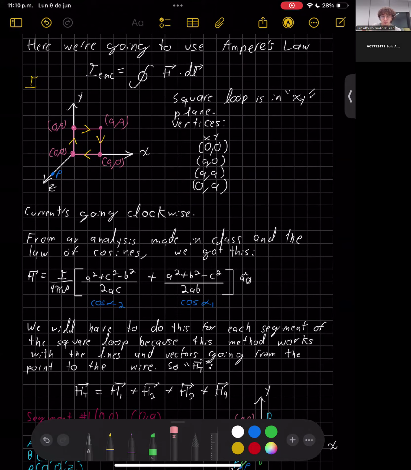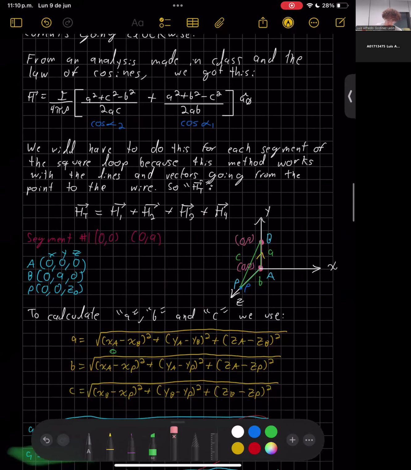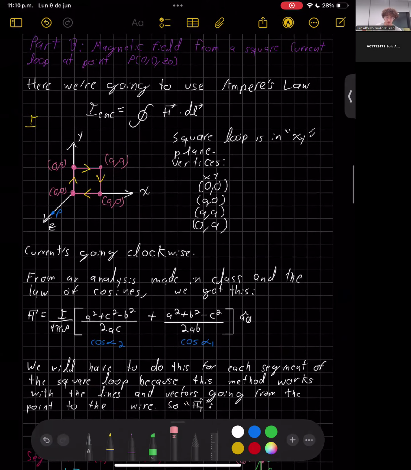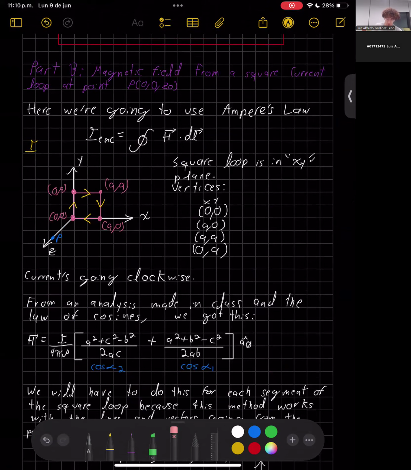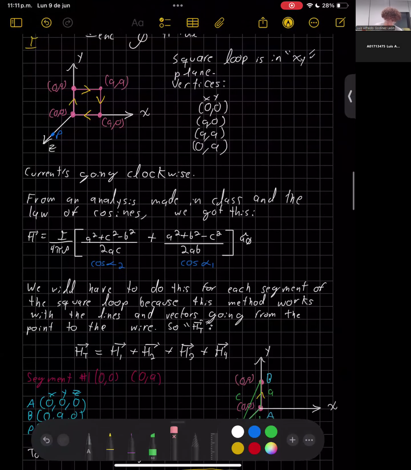I used Biot-Savart law because I thought that we were supposed to use it, but at the beginning, my idea was to use Ampere's law. So this is not correct.